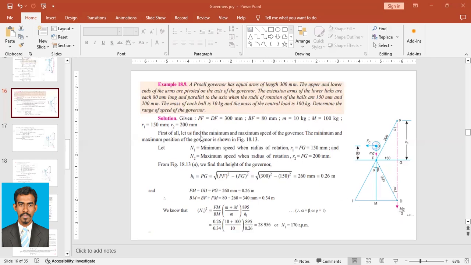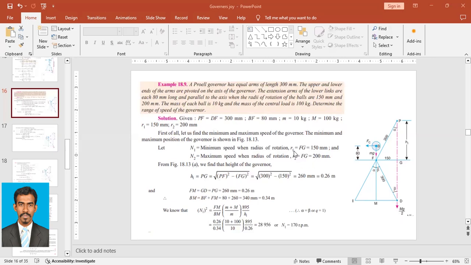First of all, let us find the minimum and maximum speed of the governor. The minimum and maximum position of the governor is shown in this figure. Here the minimum radius is given, the maximum radius is given, so we can find the minimum and maximum speeds. The minimum radius is 150 millimeter and the maximum is 200 millimeter. So from this figure, we can find H1.